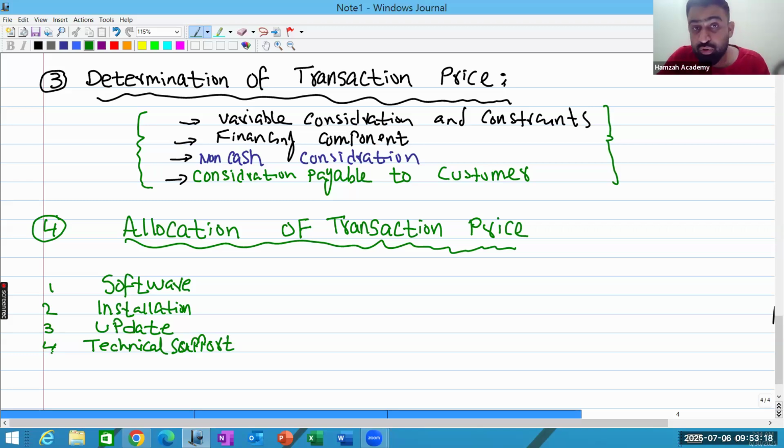We have 4 performance obligations. And we have sold all these 4 performance obligations for 100,000 US dollars.